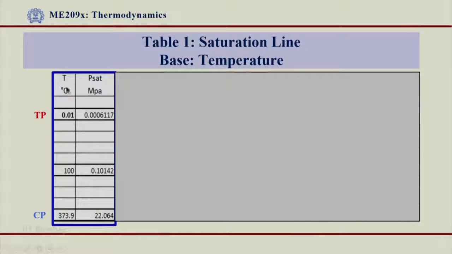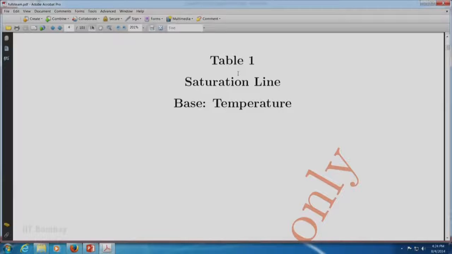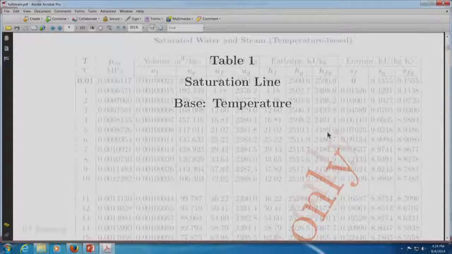Table 1 has temperature as a base, and corresponding to this temperature on the LV line what we get is Psat T value. Let us now go to the steam table and just have a look at table number 1 to see how it looks. This is table 1, saturation line, base temperature.